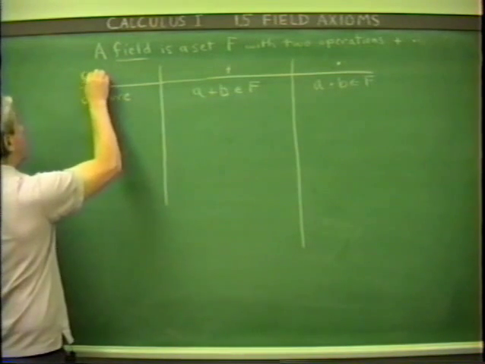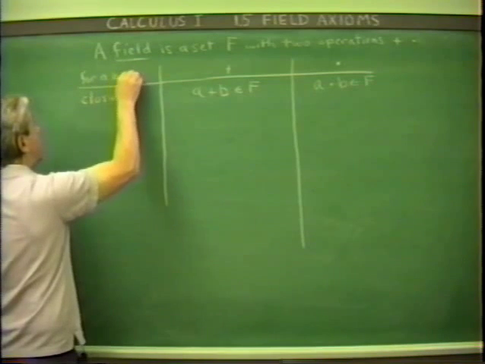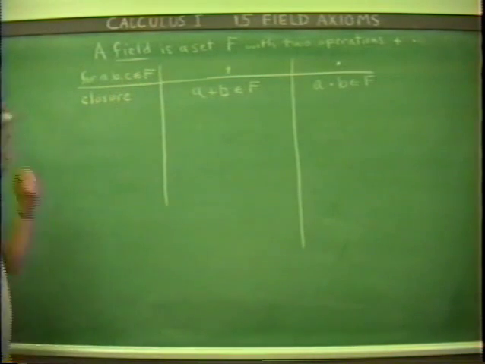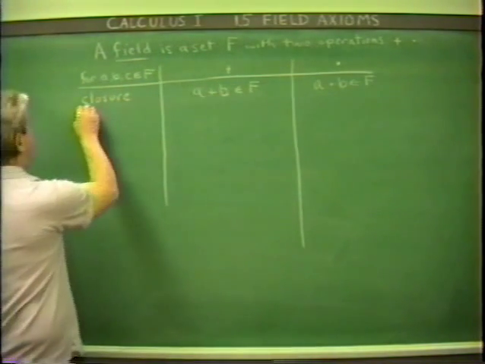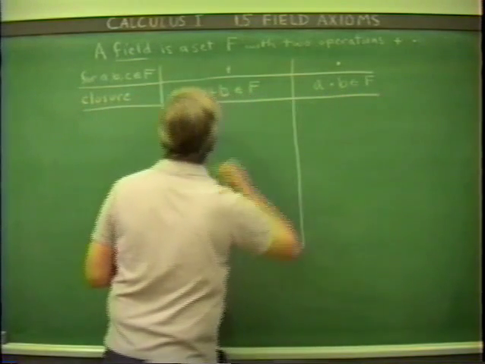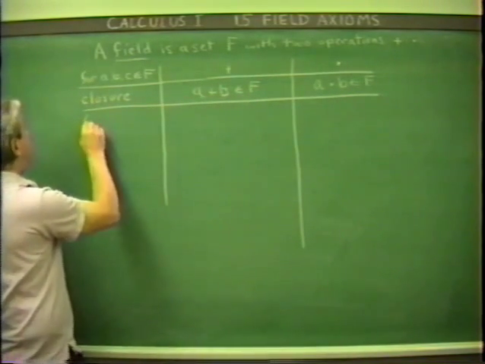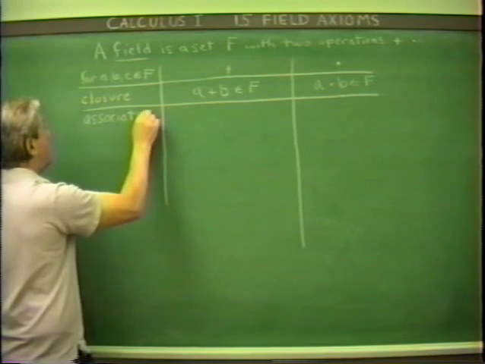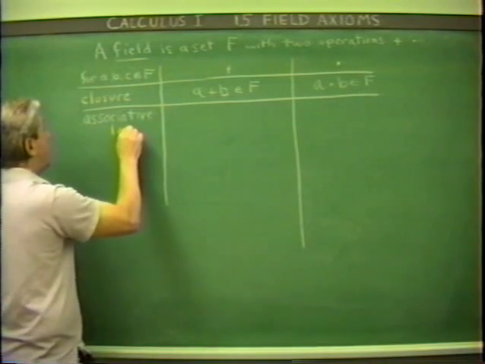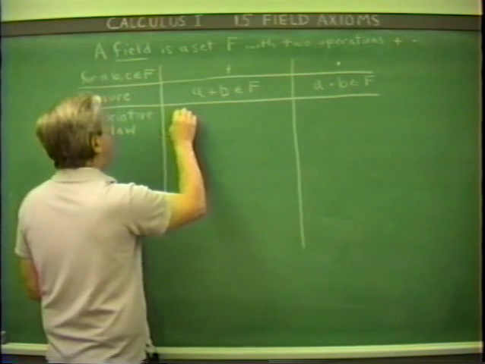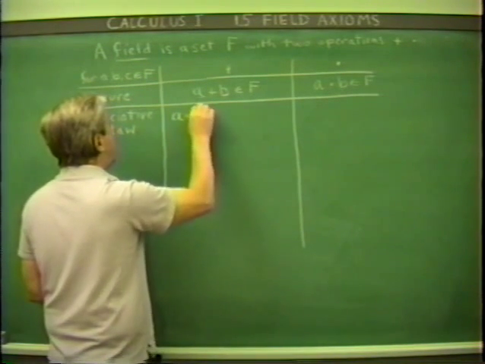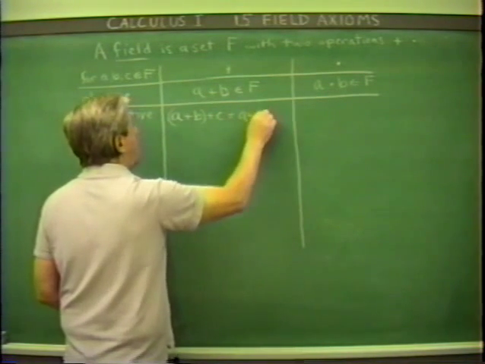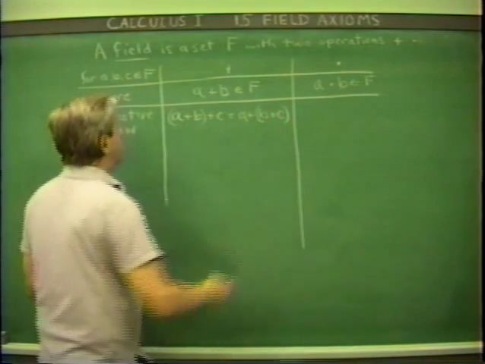All these statements are for every A, B, C in F. The closure. Secondly, the associative law holds. The associative law says that (A plus B) plus C is equal to A plus (B plus C).